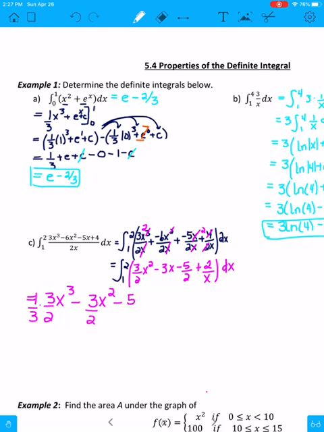Whenever I have a constant, it becomes negative 5 over 2x, because remember, you just get an x on it. And then we're going to get plus 2, and then it would technically be 2 times 1 over x, just like we did 3 over x up here. So 2 times 1 over x is just 2 ln absolute value of x plus c from 1 to 2.